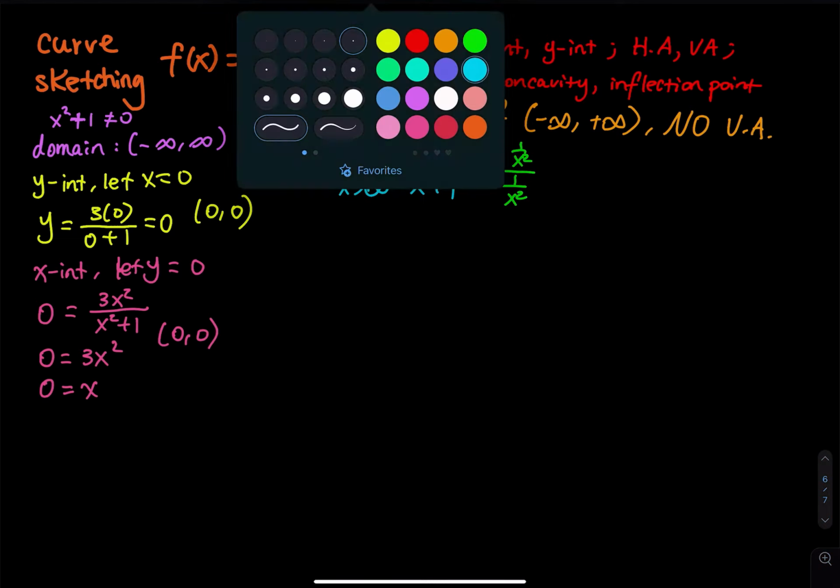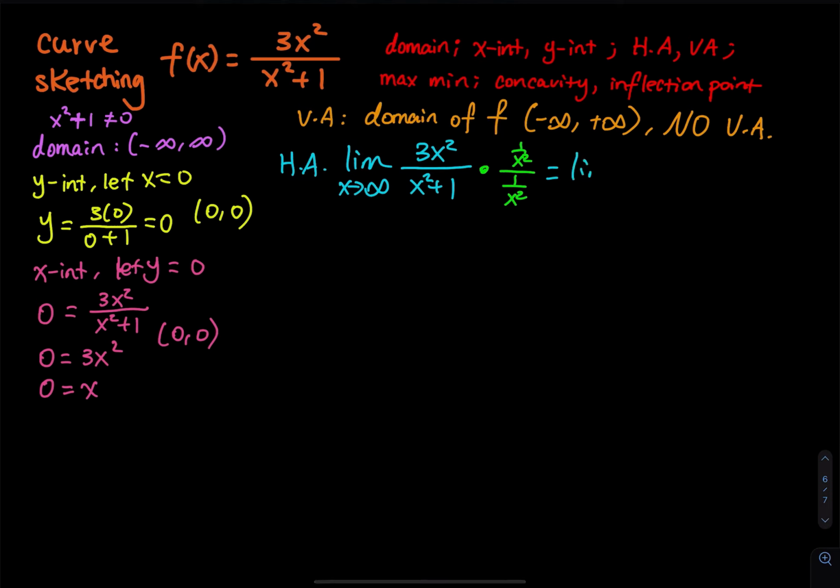Okay, keep moving. As x goes to infinity, this is 3x squared divided by x squared over x squared divided by x squared plus 1 divided by x squared. And then you clean up the exponents. Then you have 3 over 1 plus 1 divided by x squared.